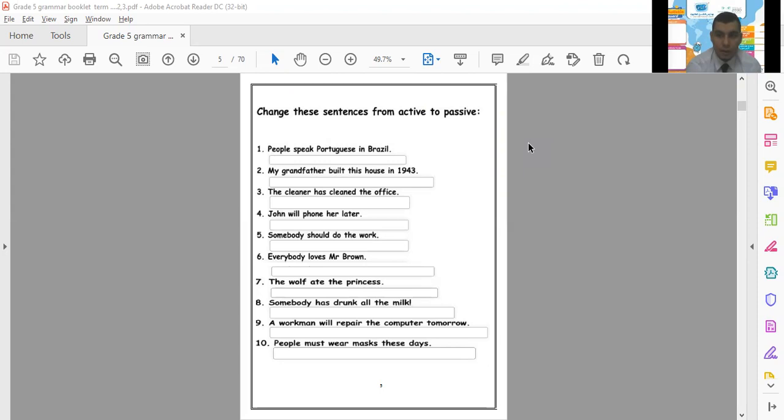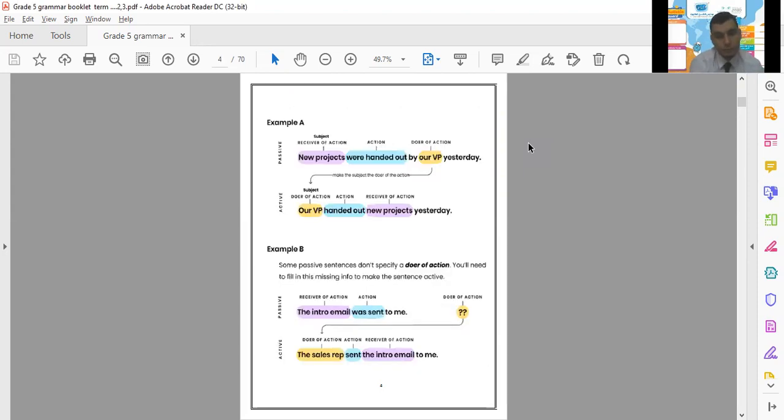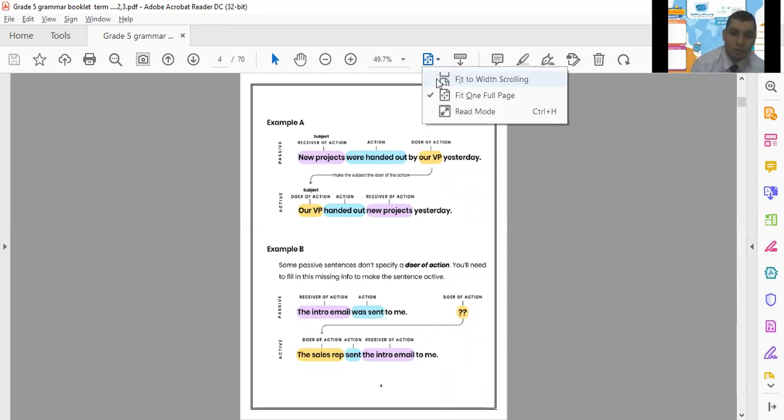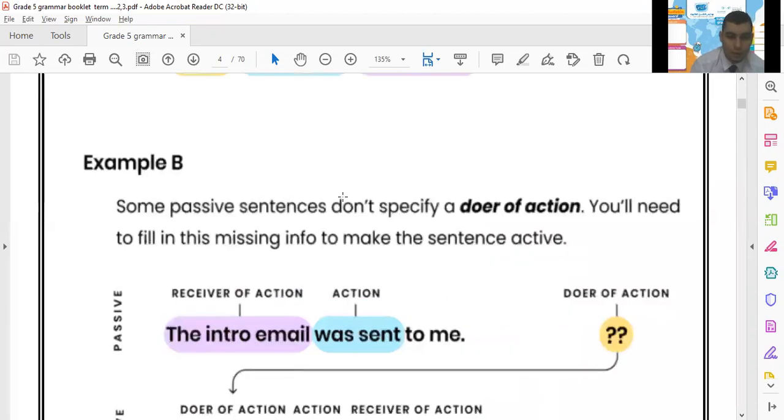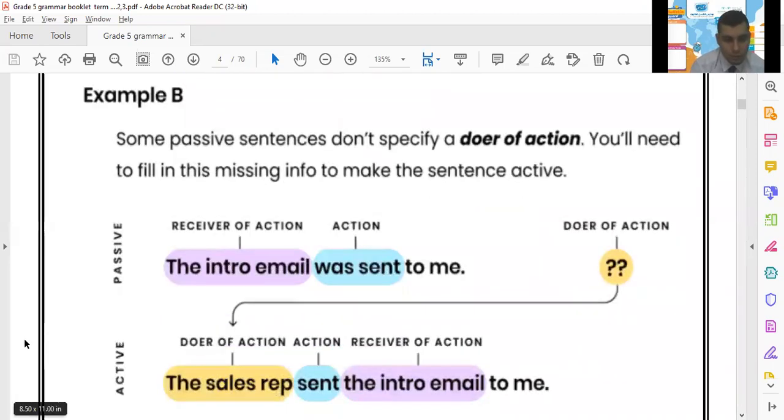Yusuf Khalid. Mister, I also didn't understand. In page 4, in the sentence that the sales rep sent the intro email to me, in the passive voice, why didn't he put the sales rep?